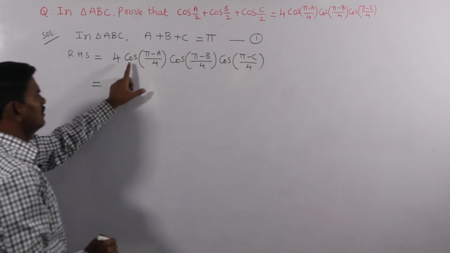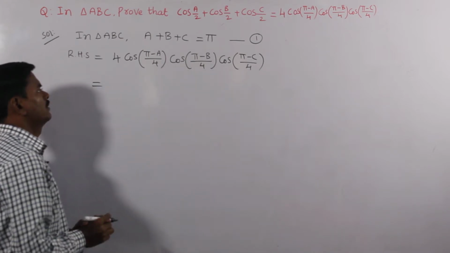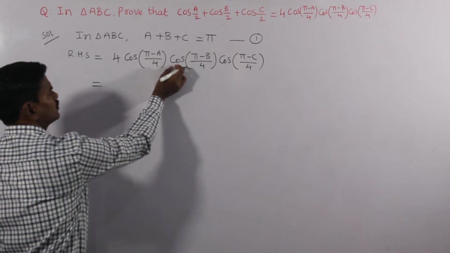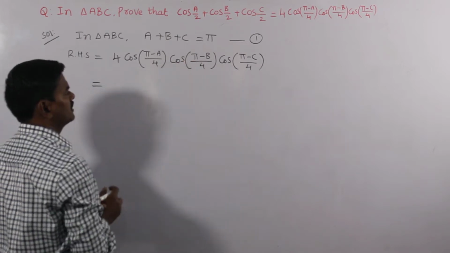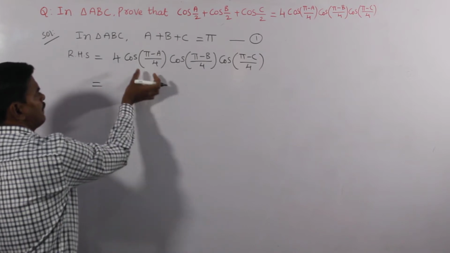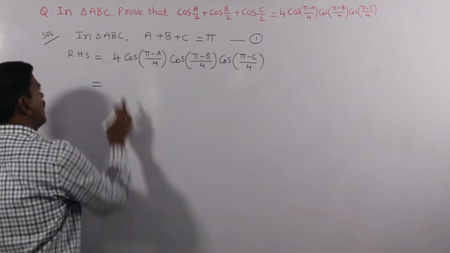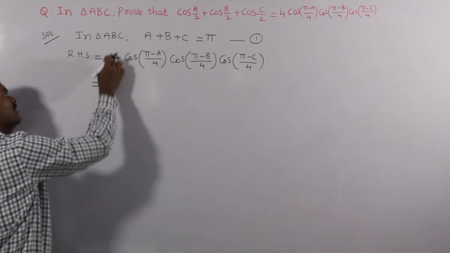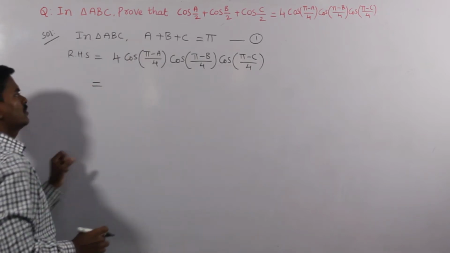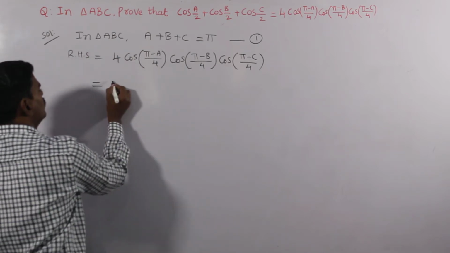Now we have a product of three ratios, but if you observe the formulas, we have a formula for the product of two ratios which can be converted into a sum of ratios. So let me keep one of these three ratios aside. 4 is nothing but 2 into 2, and in the formula only one 2 is required, so let me keep one more 2 aside.